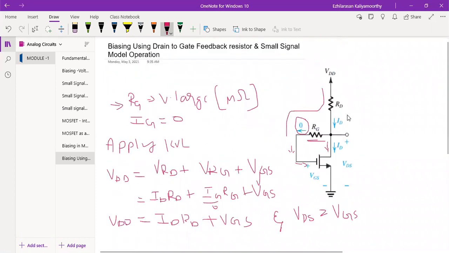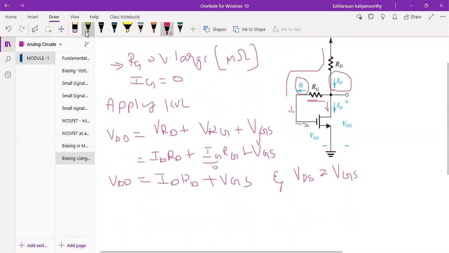As an example, consider that ID increases, then VGS must decrease. If ID increases, then VGS must decrease. And if VGS, the gate to source voltage, decreases, then it causes a decrease in ID.